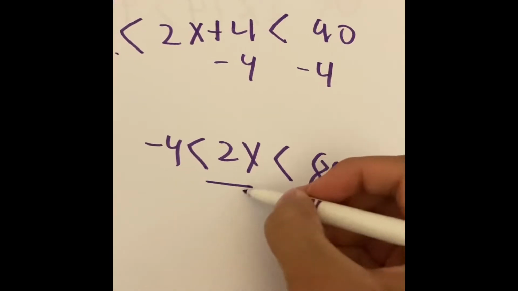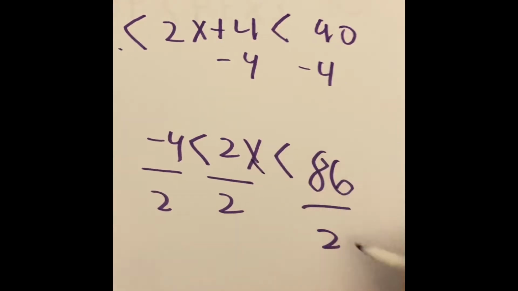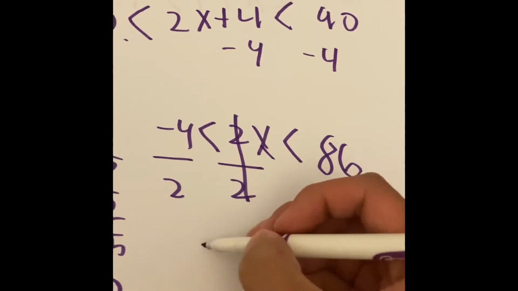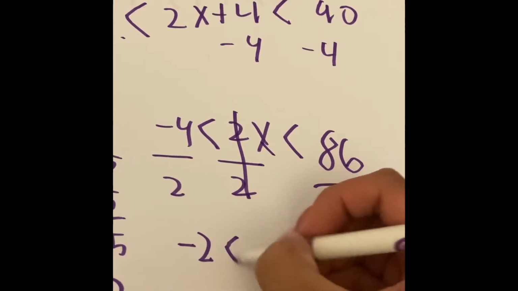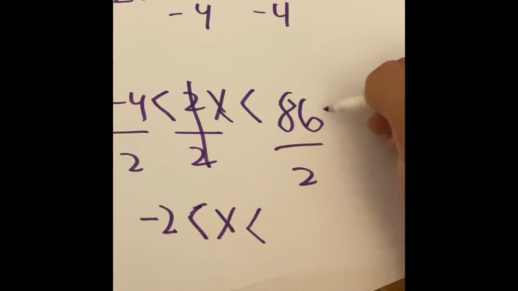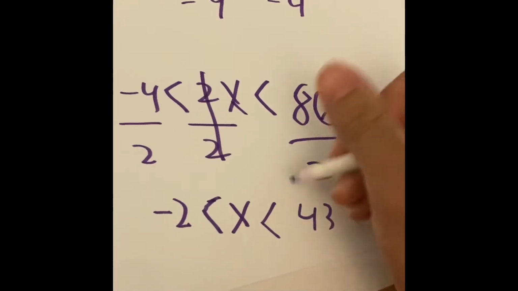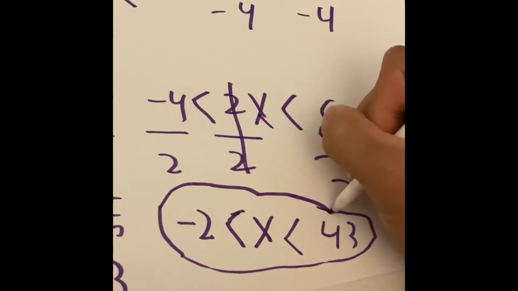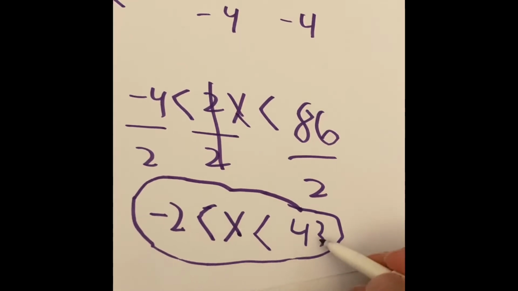After that, we can divide both sides by 2 to get x alone. So these two cancel out. -4 divided by 2 gives -2 is less than x, which has to be less than 86 divided by 2, which is 43. So here is our simplified equation. -2 is less than x, but x is less than 43.